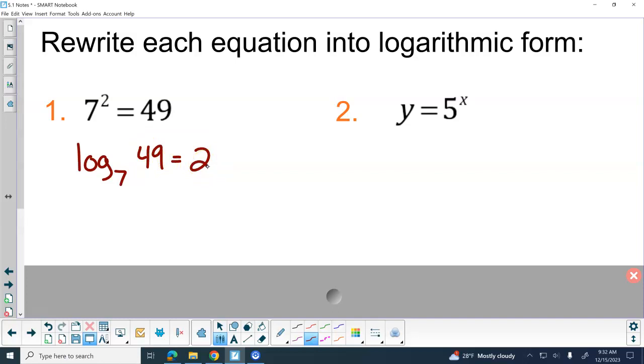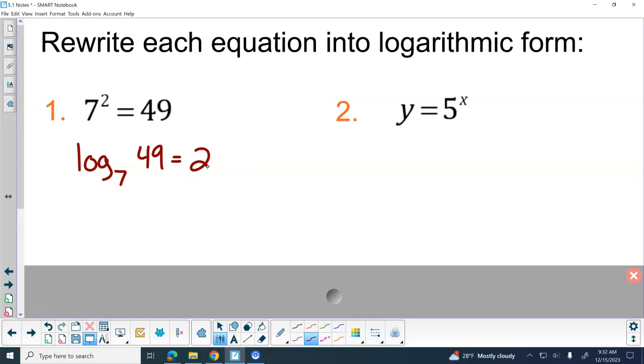The base goes down. Now, when you're writing this, you gotta write that base. I always say your guideline is the hook of the G, because that's where you need to keep that base underneath there.